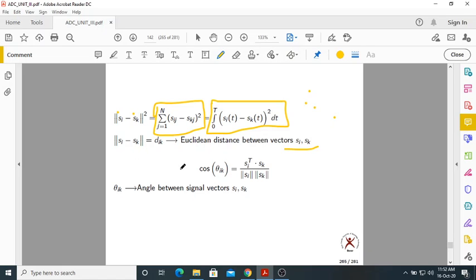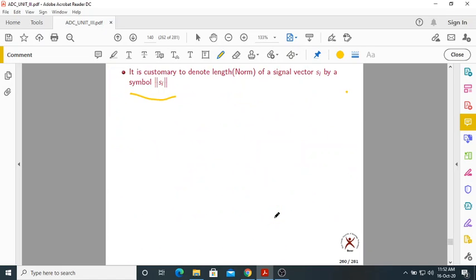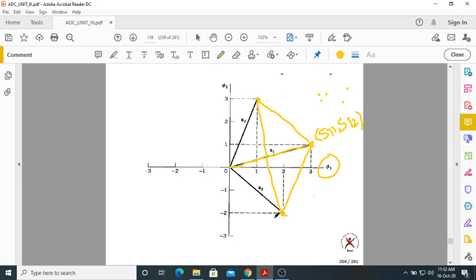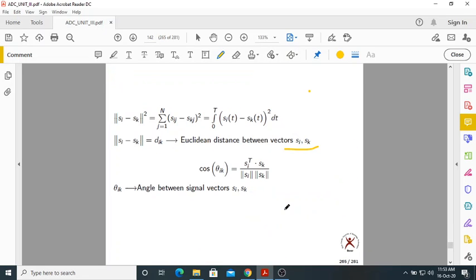Now, not only that, there is something called the angle between two signal vectors. I want to find the angle between these two signal vectors. You already know, suppose we have two vectors A and B. How do we find the angle between those two vectors?